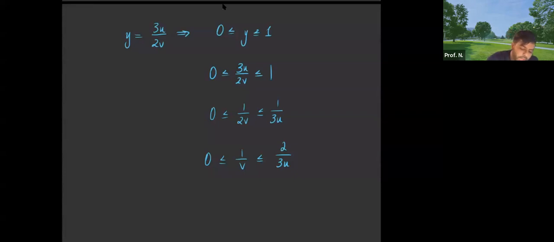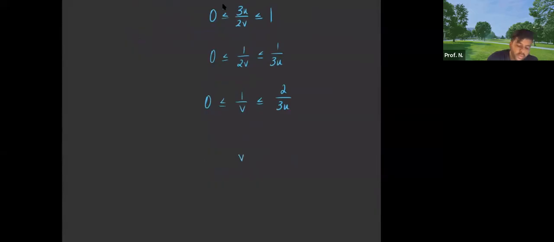Now, I want to get an inequality with just v, not 1 over v. So how do I do that? This is similar to saying 0 is less than 1 over x, which is less than, for example, 2/3.